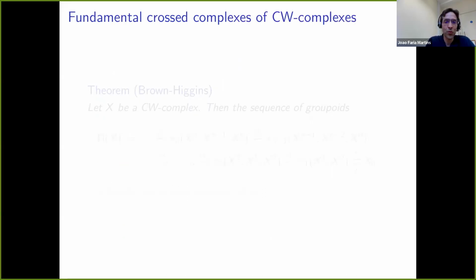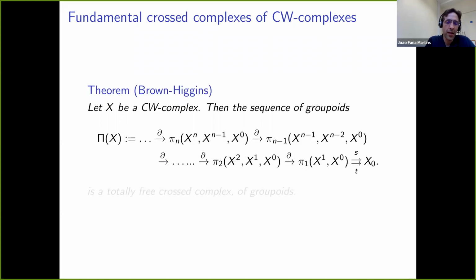before I go to more combinatorics, let me say that you can compute the fundamental crossed complex of a CW complex. If you have a CW complex, you can construct a crossed complex out of it. So you start with the fundamental groupoid of the one skeleton on the set of 0 cells. This is actually a crossed complex of groupoids because you might have more than one cell.